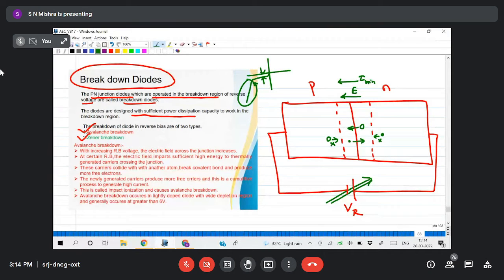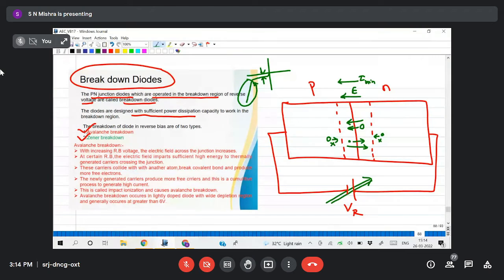Due to the development of the depletion region with positive and negative ions, an electric field is generated, and due to this electric field the minority carriers can flow from one side to the other. So electrons move from P to N and holes move from N to P easily. Yes, sir. So due to that we get minority carrier current. What is the direction? Holes are moving from N to P.